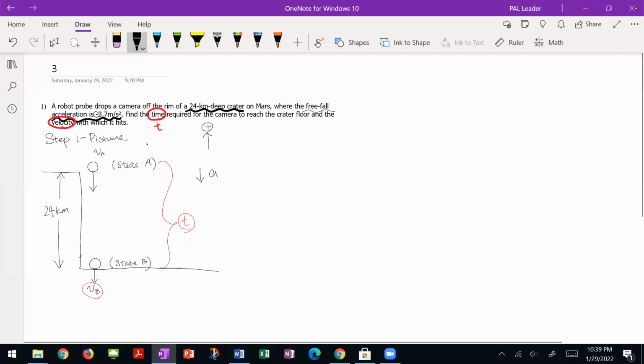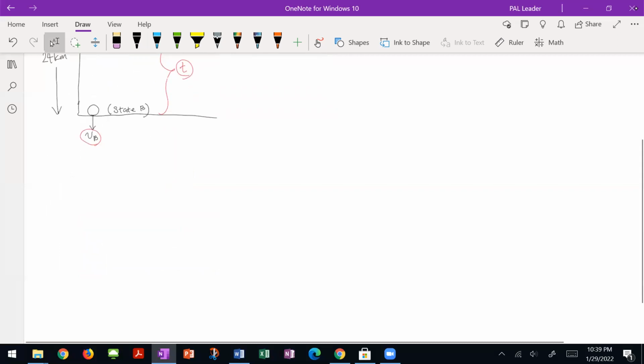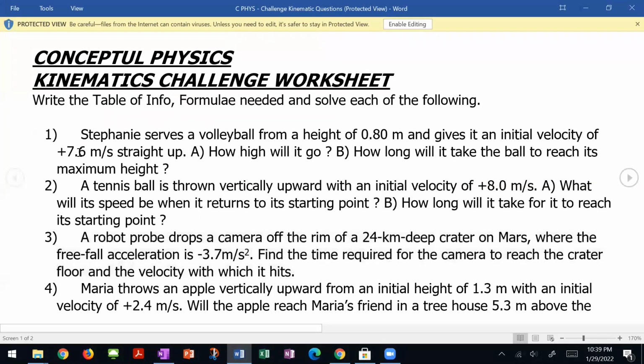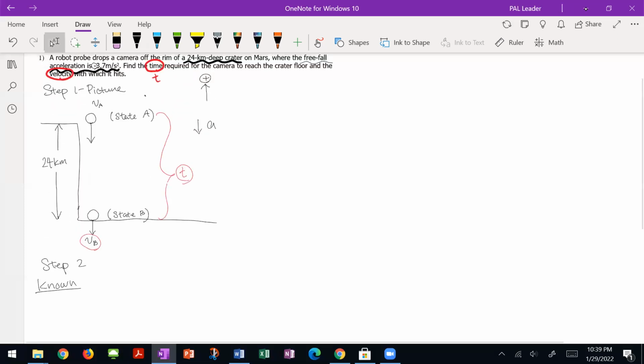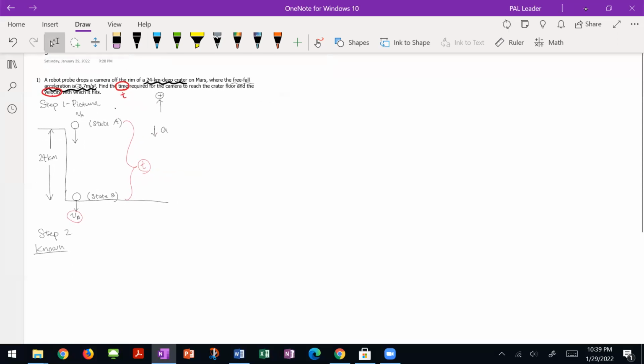Now I will go on to step 2. Step 2 would be identifying our knowns and unknowns. What do we know about this problem? We know a little bit.